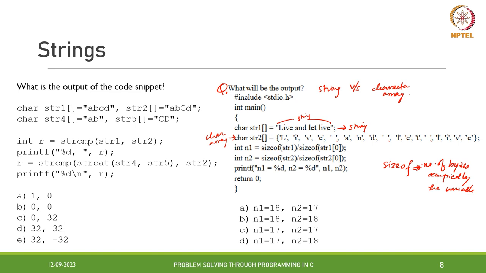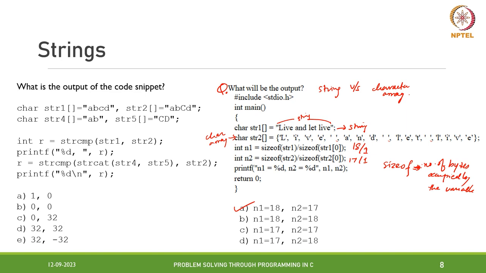Even if you count them and it comes out to be 17, because it has been defined as a string, there will be a null character at the end which makes it 18 characters. So n1 will basically be 18 by 1, because the size of one character is 1 byte, and n2 will be 17 by 1. Hence the answer will be option A.